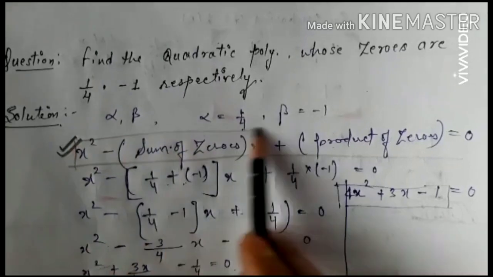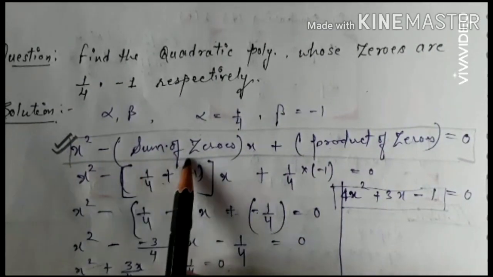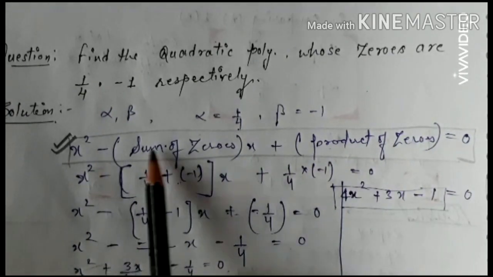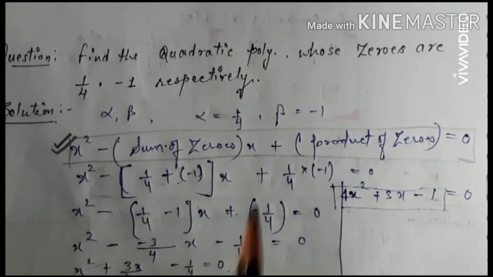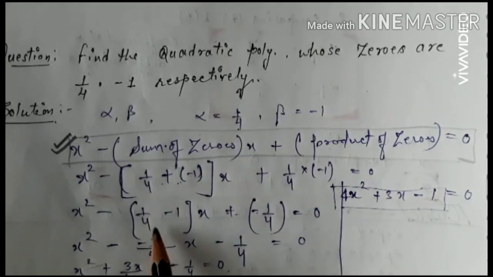So you have to remember, or keep in mind, this result: x square minus the sum of the zeros x plus the product of zeros equal to 0. Sum of zeros, that means 1 by 4 minus 1, then we take the LCM, it becomes minus 3 by 4. This is the solution part. With the help of this you will try to solve 2.2 in your rough notebook.